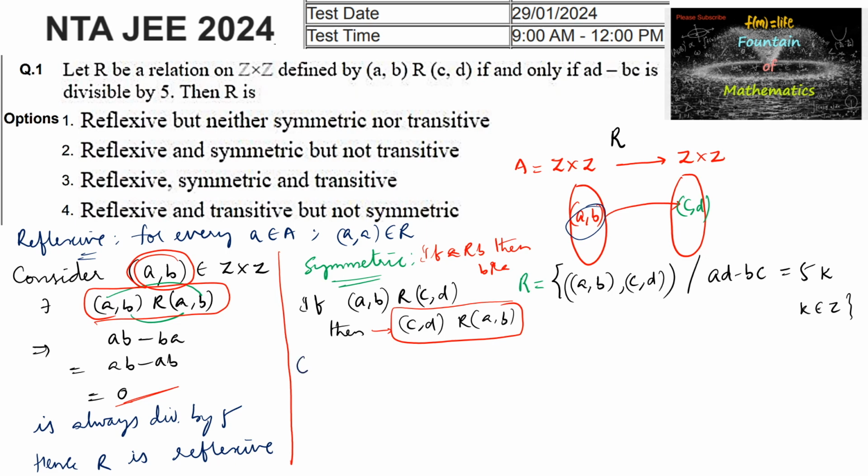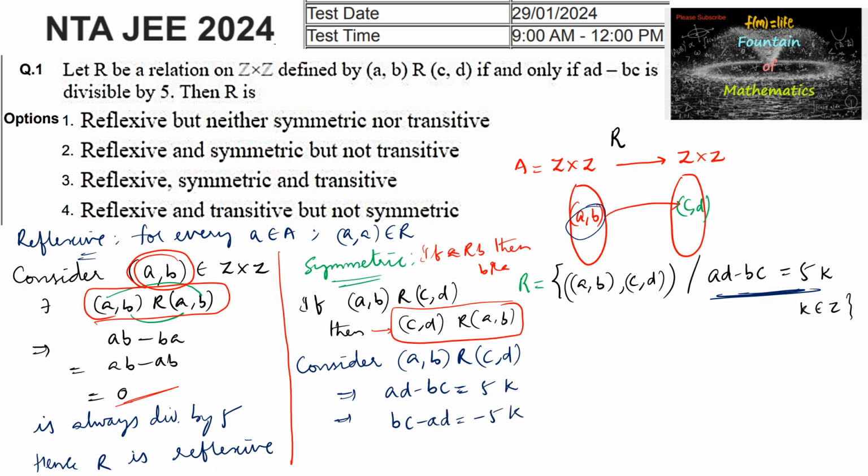So let us consider (a,b) is related to (c,d). As per the definition, ad minus bc must be divisible by 5, that is ad minus bc is equal to 5 into some constant k. Which implies we can also write bc minus ad is equal to negative 5 times k, that is 5 into some negative constant, so bc minus ad is also divisible by 5.